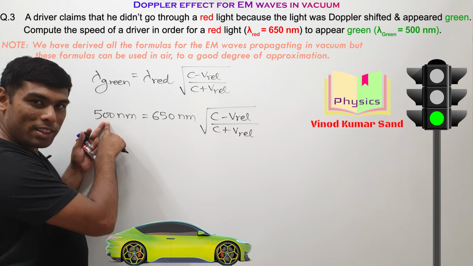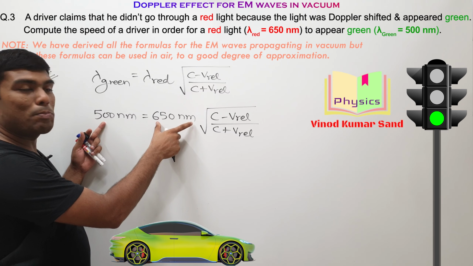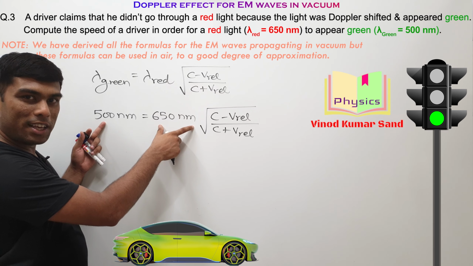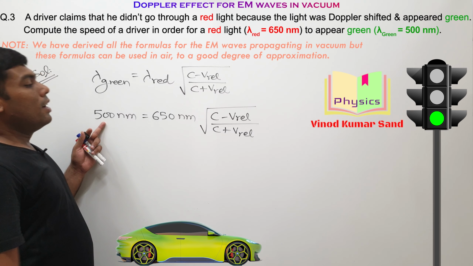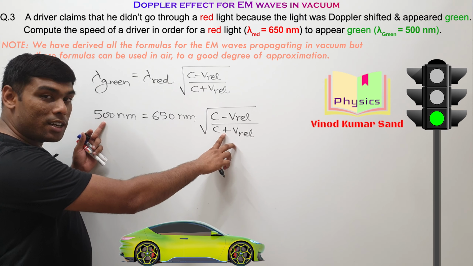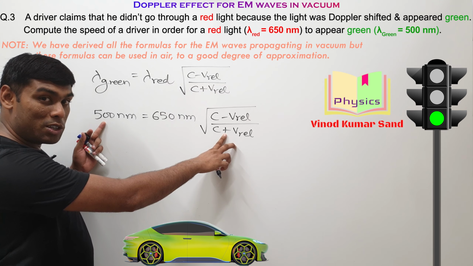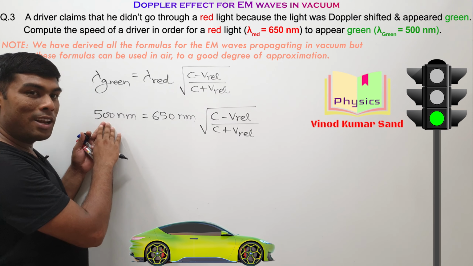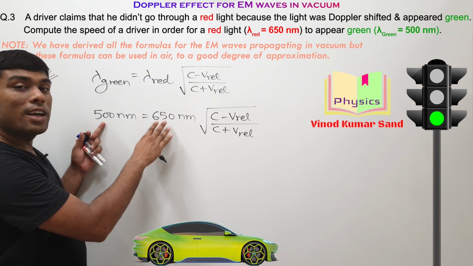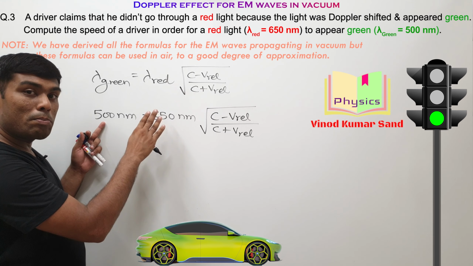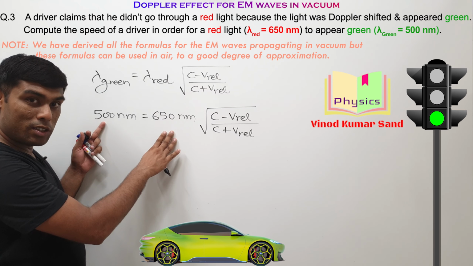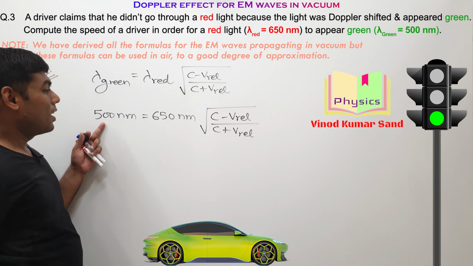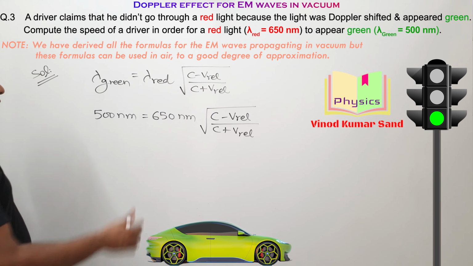Then the observed wavelength will become less than the proper wavelength of the EM wave. In the denominator, again I should choose a positive sign, then only the measured wavelength by the driver will be less as compared to the wavelength emitted by the source, the proper wavelength. The rest is simple mathematics.